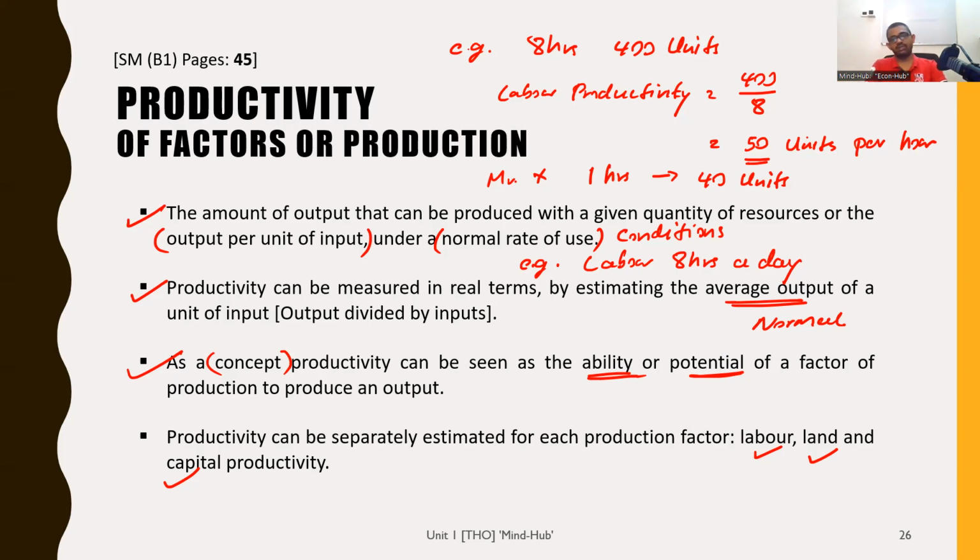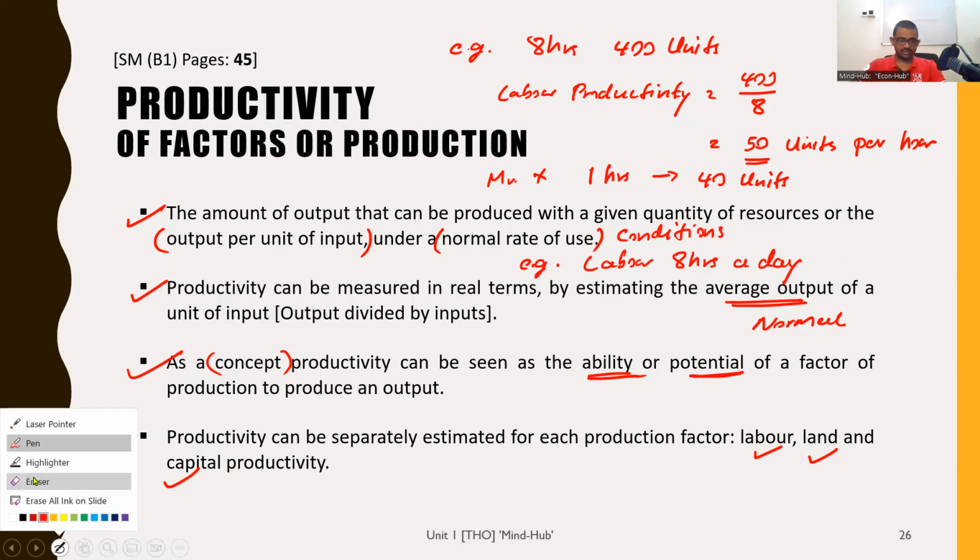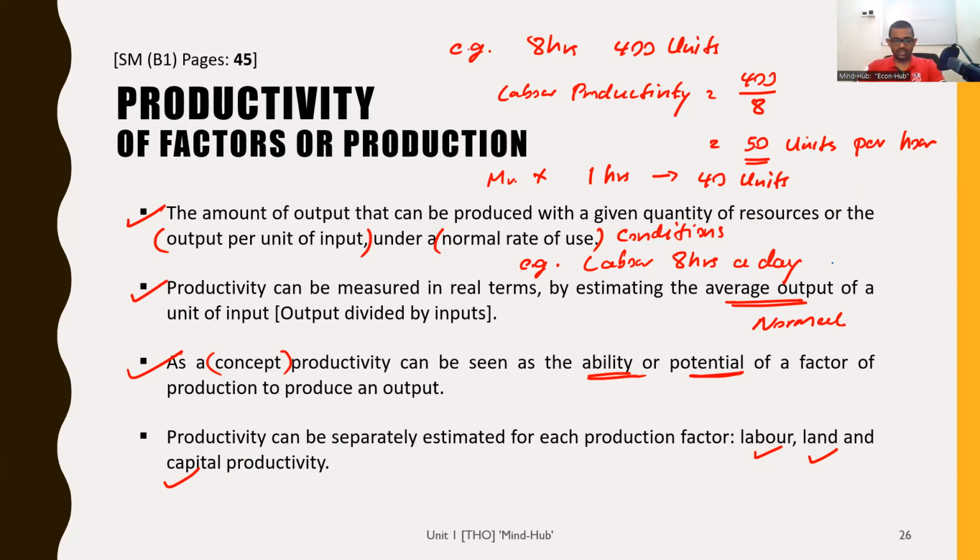What can we say about this person's labor? There's a word we use to describe it. If the productivity under normal rate of use is 50, and this person is only producing 40, that's where we use the term. You guys know this. You just need a small push to find the word.